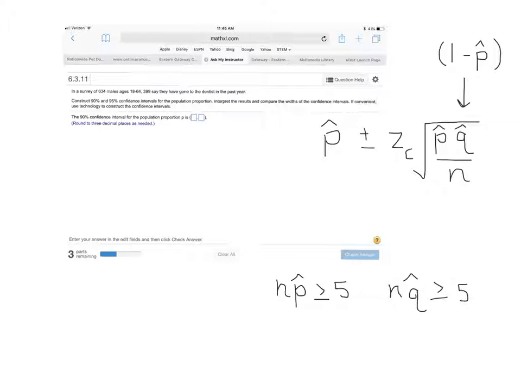Now, p hat is determined by taking the number in our sample that had the characteristic we are interested in. They typically use the variable x to represent that, and divide it by the total number of people sampled. So in our case here, the number in our surveyed males that were of that particular age group was 399.